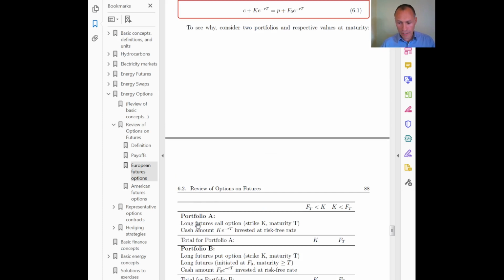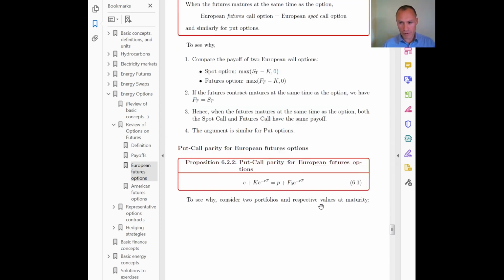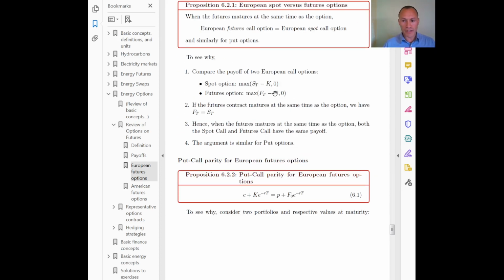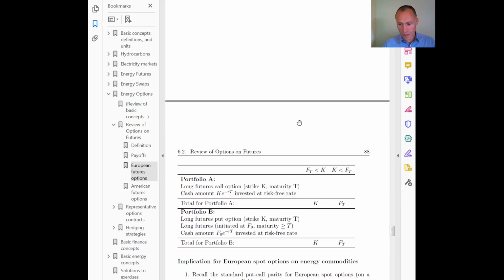You can go through the details more calmly at home. But if you think about portfolio A and portfolio B, where in portfolio A you have a long futures call option, so you have this part here. Think about what the payoffs are under these two scenarios at maturity. Either the futures price ends up below the strike or it ends up above the strike. You just have to decide whether you exercise or not, and if you exercise you get something, if you don't exercise you get zero. So write that down here.